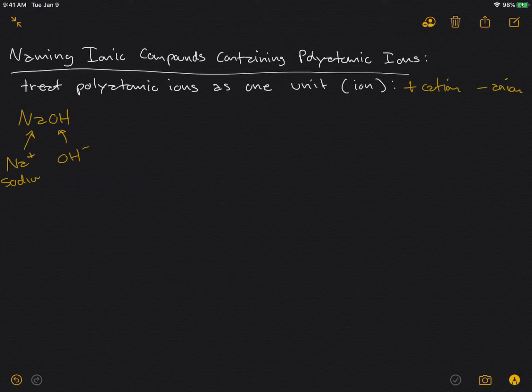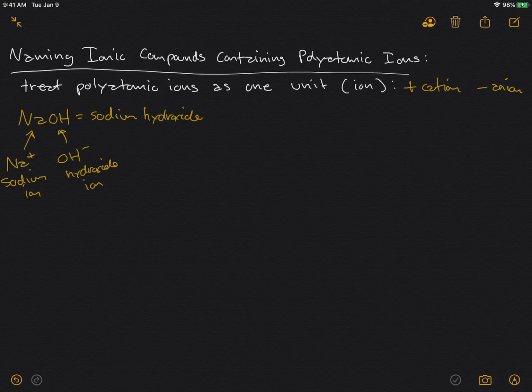So this is the sodium ion, and this is the hydroxide polyatomic ion. And so if you can find out the ions that make up the compound, and you know their names, you just put the names together. So drop the ion and call this sodium hydroxide.